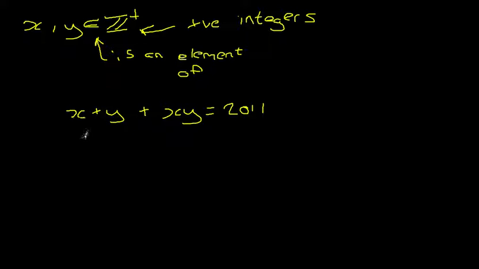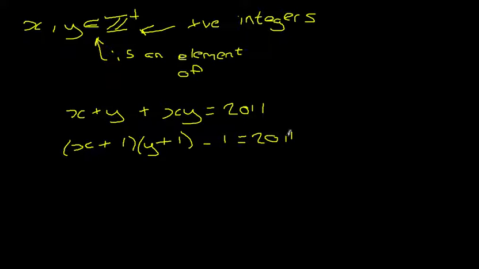With experience, this gets easier. Straight away, I observe that the left-hand side factorizes in the following way. You can check this by expanding the brackets, but this is a pattern that will become familiar to you. So this is (x plus 1)(y plus 1) minus 1 is 2011.